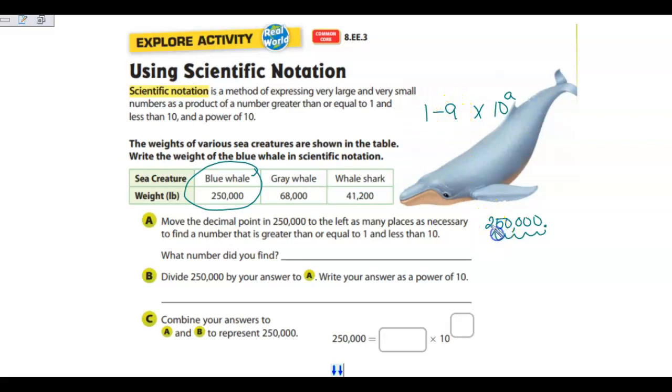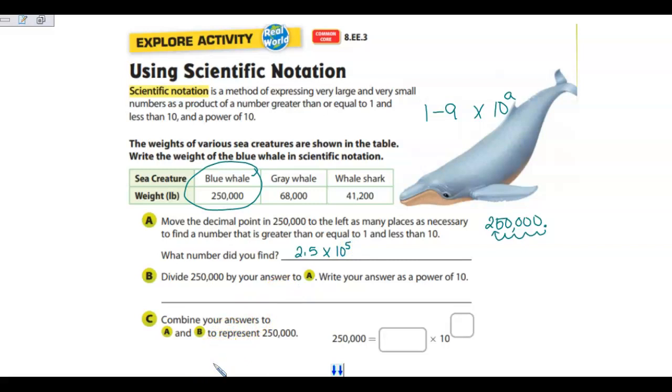And I happen to know that 2 is greater than 1, but less than 9. And so that decimal is actually going to move there. So it's going to be 2.5. And then we're going to multiply it by the power of 10. So we moved it 1, 2, 3, 4, 5 times. So it's going to be to the 5th power.